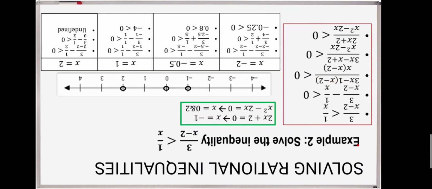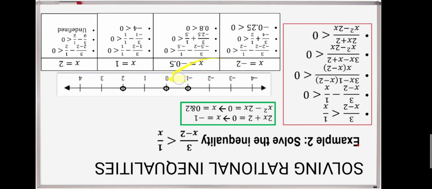When we simplify this, we have 3 over negative 4 minus 1 over negative 2, or we have positive 1 half since we have double negatives. Okay, then less than 0. Then when we simplify them, we have negative 0.25 is less than 0. That is true. Okay, 0 is greater than negative 0.25. So it means that this part is included in our solution.